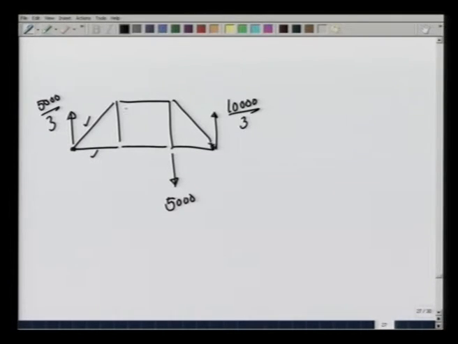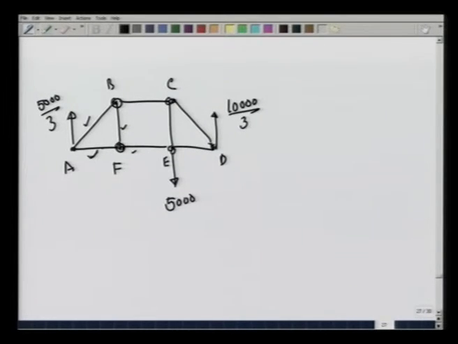Now, if I go to point F, A, B, C, D, E, or point B, I have two of the three forces, I have one force which is known, and therefore, I can calculate the other two forces.